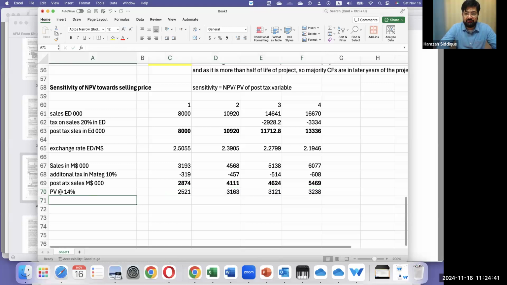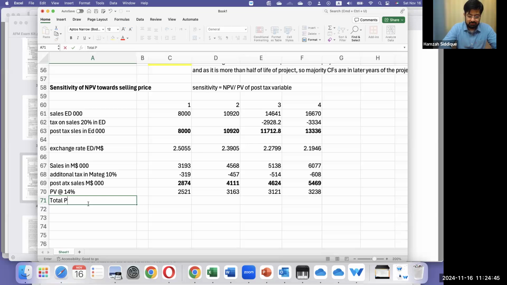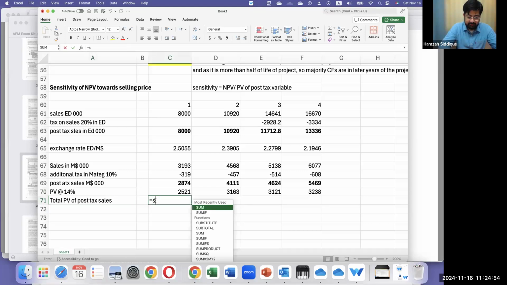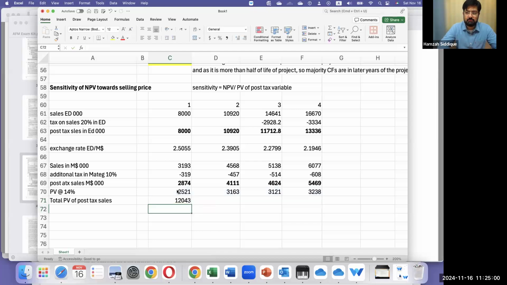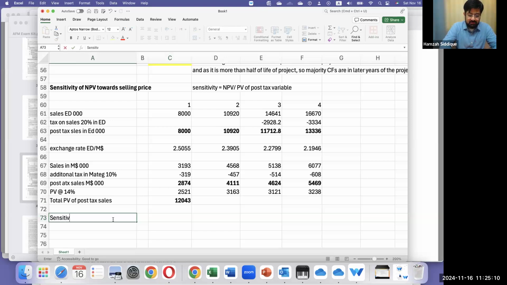So total present value of post-tax sales. Now the next point is sensitivity.